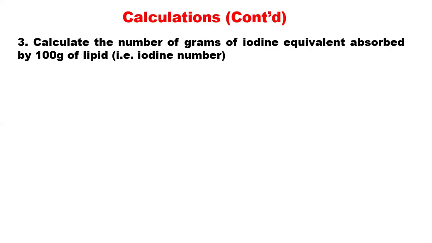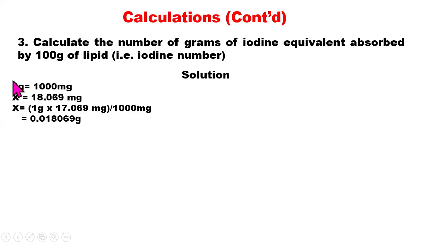Now, we continue our calculation with question 3 that says calculate the number of grams of iodine equivalent absorbed by 100 grams of lipid. That is the iodine number. You remember the definition of iodine number? So this question is asking you to calculate the iodine number, which is the number of grams of iodine absorbed by 100 grams of lipid. Now, solution: we can see that 1 gram is equivalent to what? 1,000 milligram.